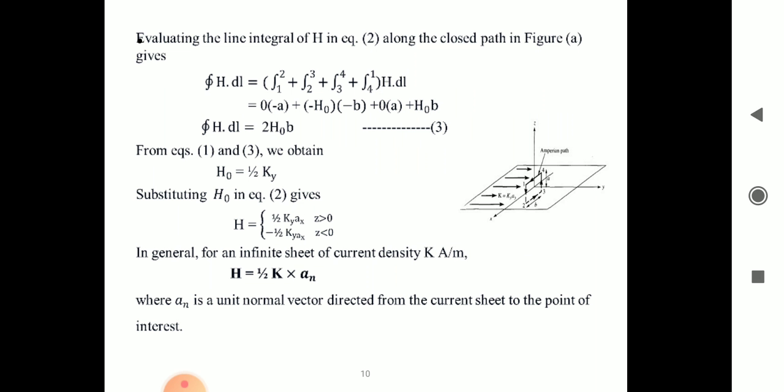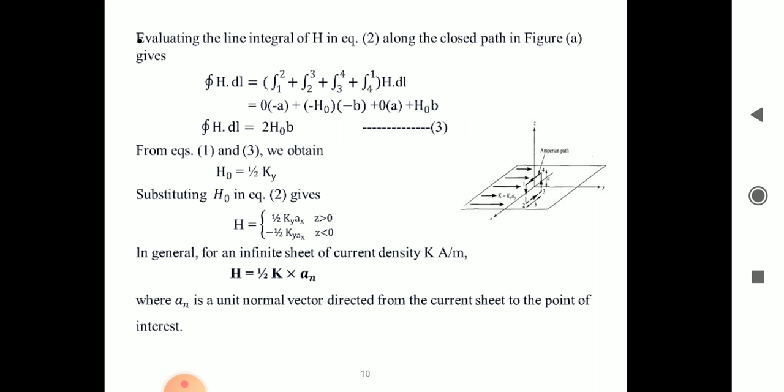Evaluating the line integral of H in equation 2 along the closed path gives the integral of H dot dl equal to the integral from 1 to 2 plus the integral from 2 to 3 plus the integral from 3 to 4 plus the integral from 4 to 1 of H dot dl.